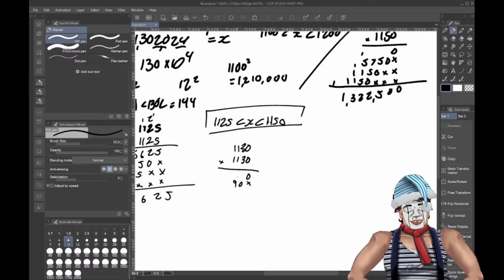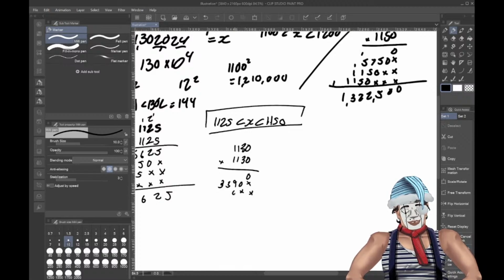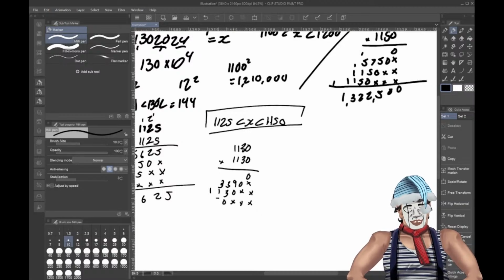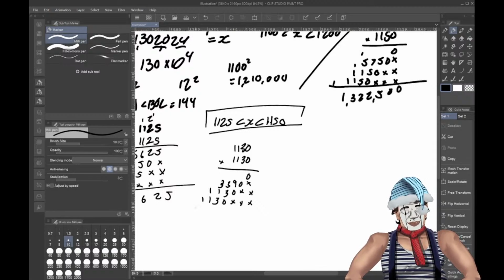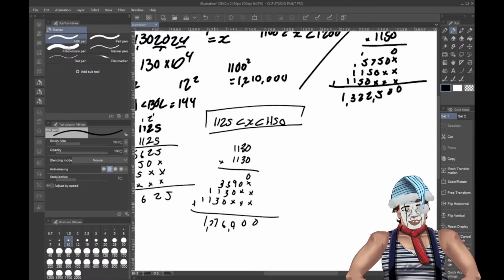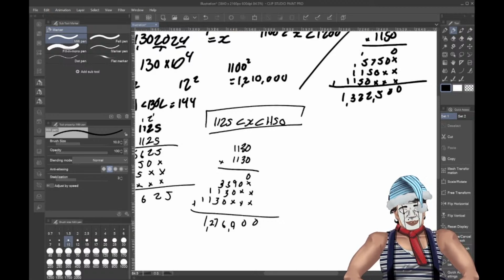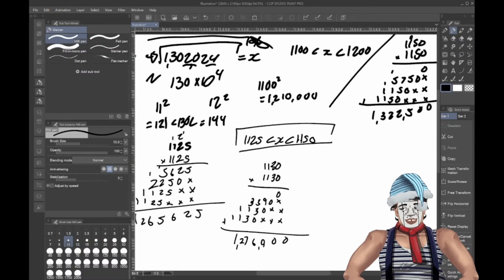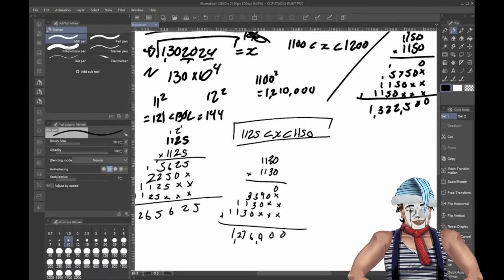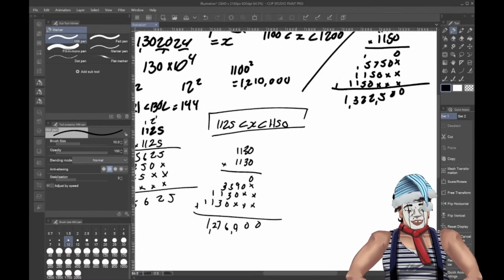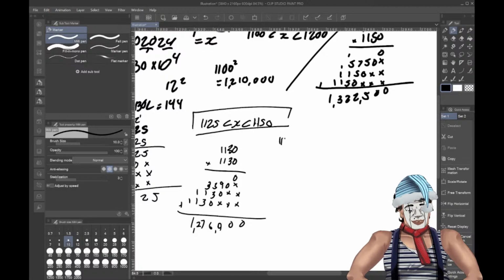And then just 1, which is 0, 3, 1, 1. Then you do that again. 0, 3, 1, 1. Add all together, you get 0, 0, 9, that's 6, that's 7, that's 2, that's 1. That's 2. I hope it's legible. The number is smaller than x squared again. So the new range is 1,130 to 1,150.